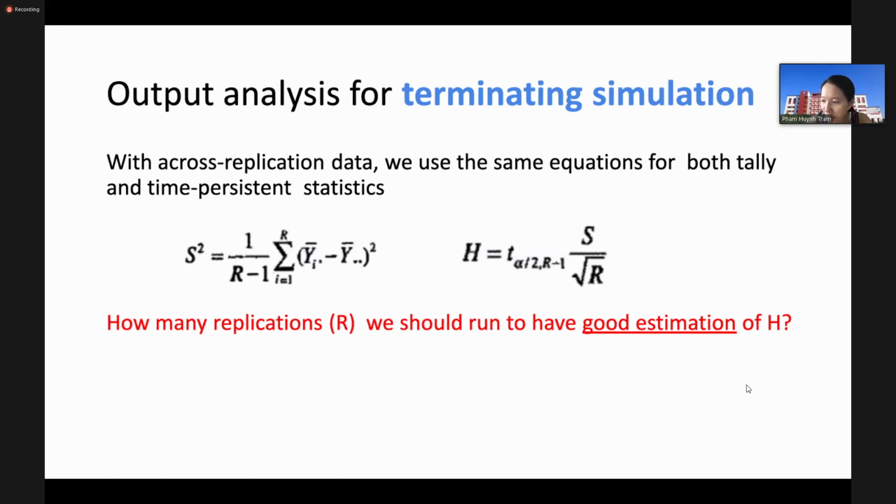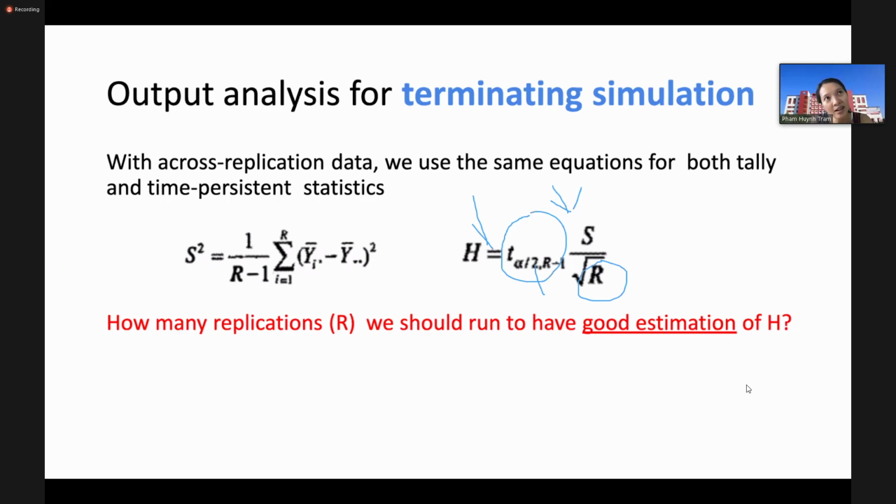For the same number of replication, for the same R, if we want this one reduced, the alpha needs to be increased, and the t value will be reduced.